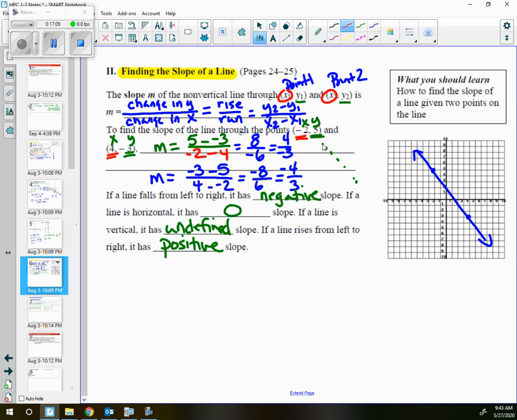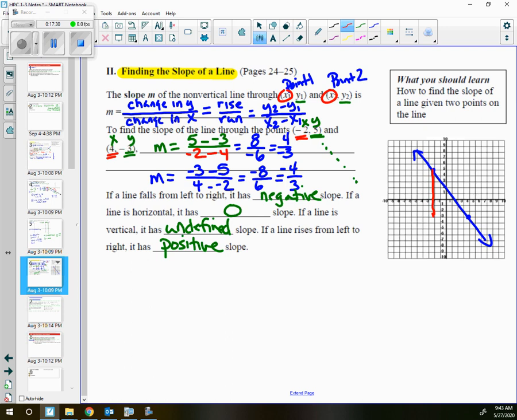Could I calculate the slope from the graph instead? So let's see if we can figure out the difference between these 2 points vertically. So the change vertically. So I'm going to look at that distance. Let's see how far we would go down. So 1, 2, 3, 4, 5, 6, 7, 8.